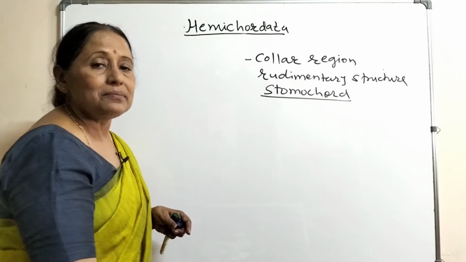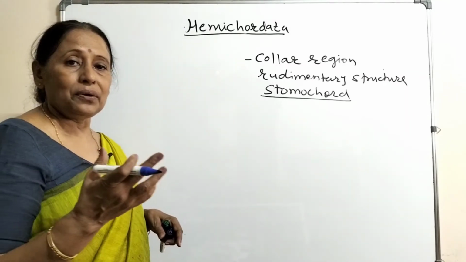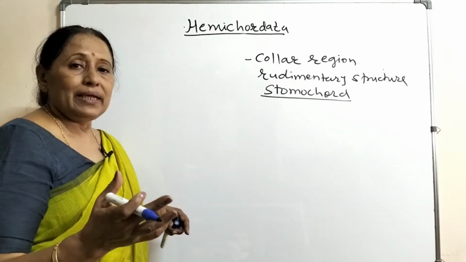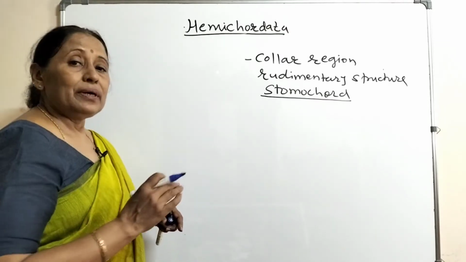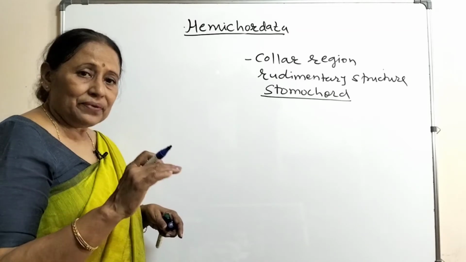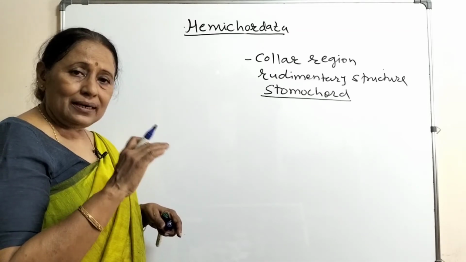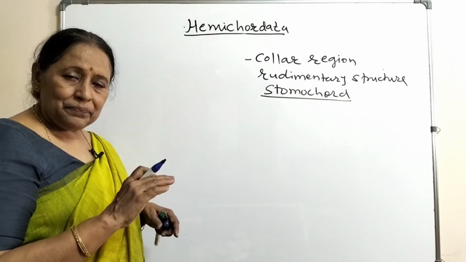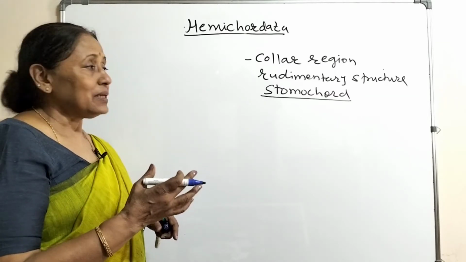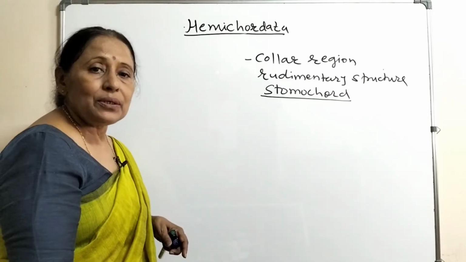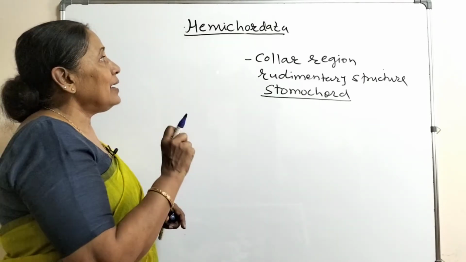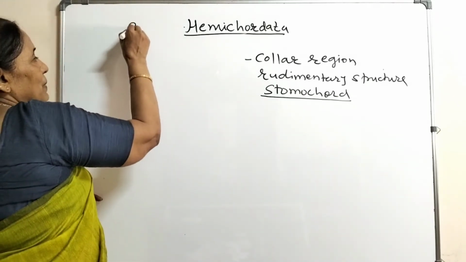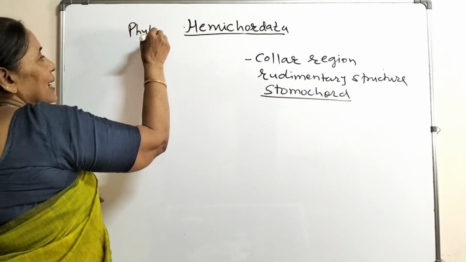All organisms having notochord are placed under Chordata, so these were also placed there. Chordata is a phylum, so Hemichordata's status was subphylum under phylum Chordata. Then the scientists discovered that this stomochord is not a notochord. Then they were taken out from Chordata and placed under non-chordates as a phylum.